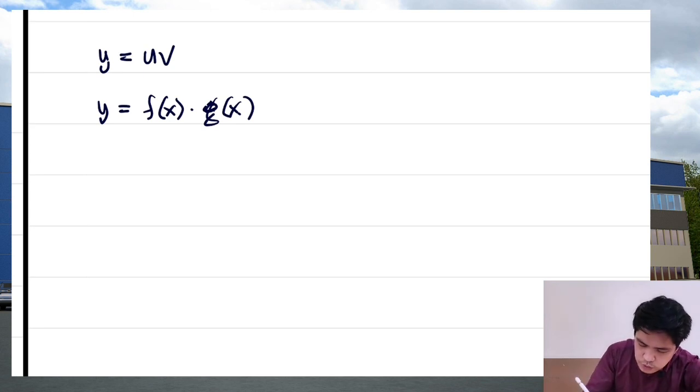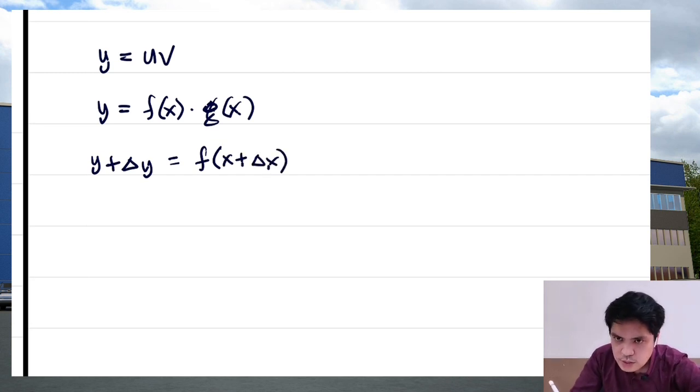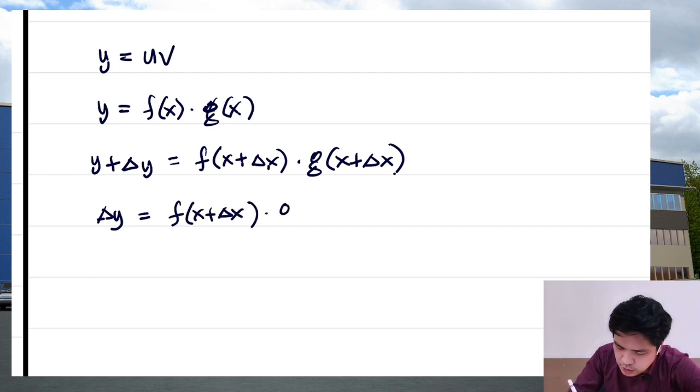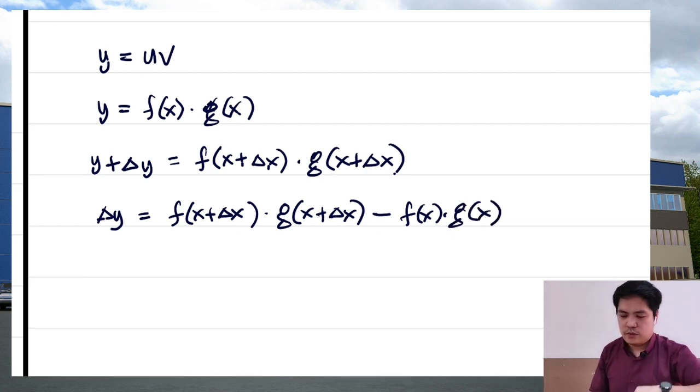So therefore, we could also rewrite this as y plus delta y is equal to f of x plus delta x times g of x plus delta x. Okay, so delta y now will become f of x plus delta x times g of x plus delta x minus y, which is f of x times g of x.